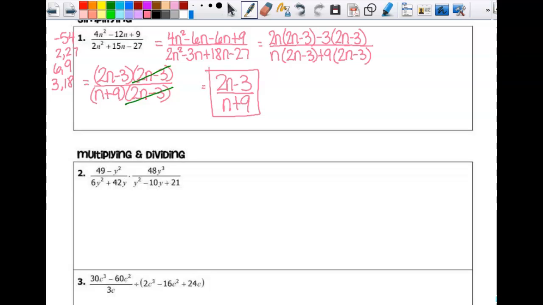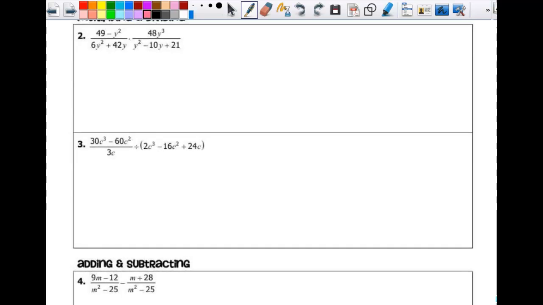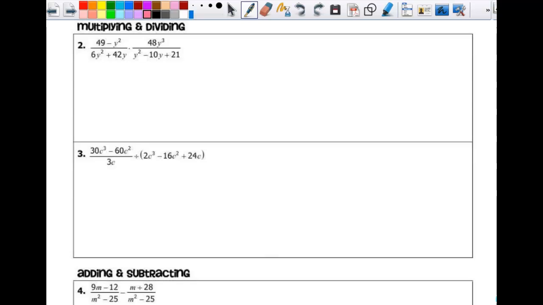Awesome. All right, so now we're going to look at multiplying and dividing. When you are multiplying fractions, do you have to have a common denominator? No, you do not. So when you multiply, you literally just multiply straight across. So I could just think, since this is multiplication, I can look at this as like one big fraction, this being multiplied by this, and this being multiplied by this. That's literally what's happening.